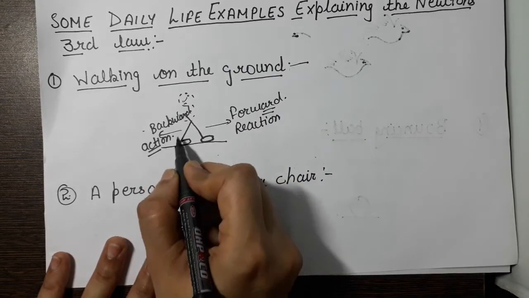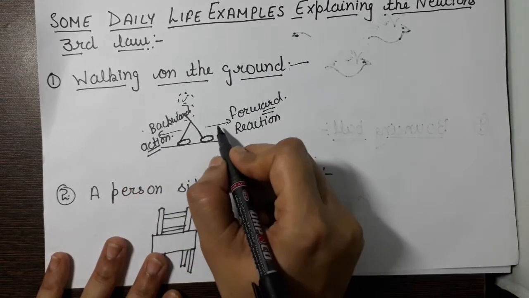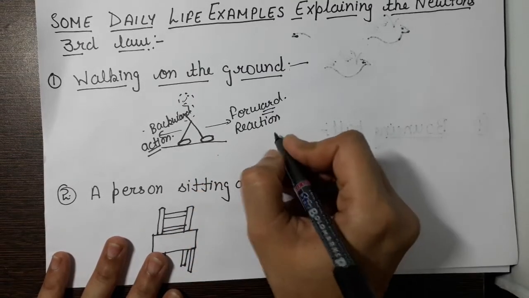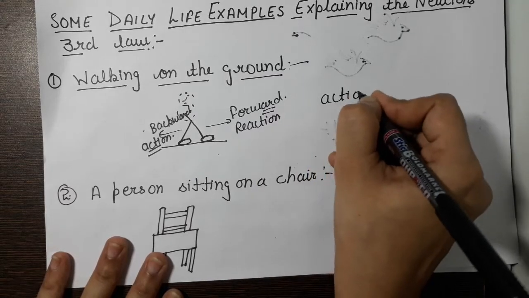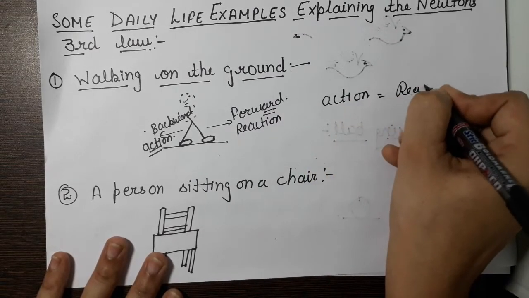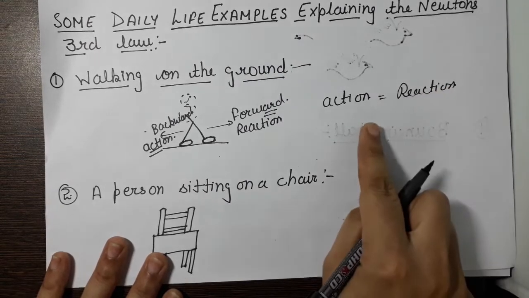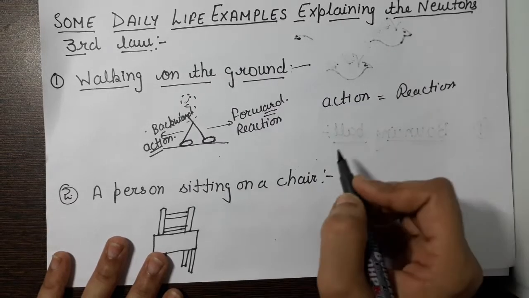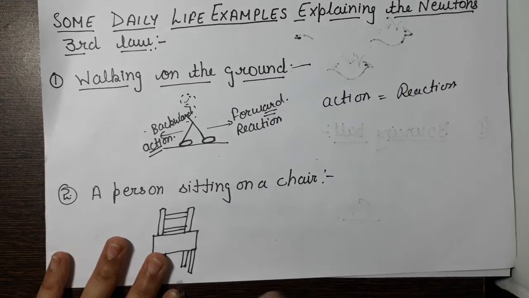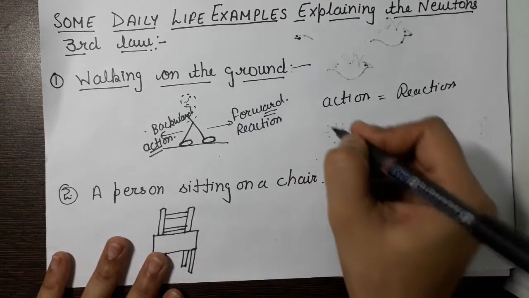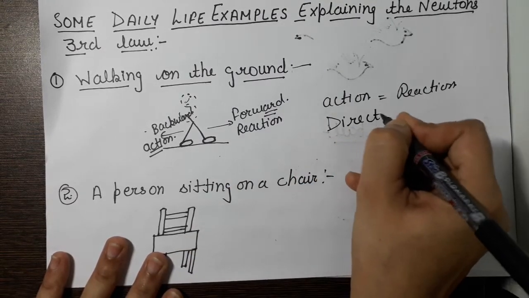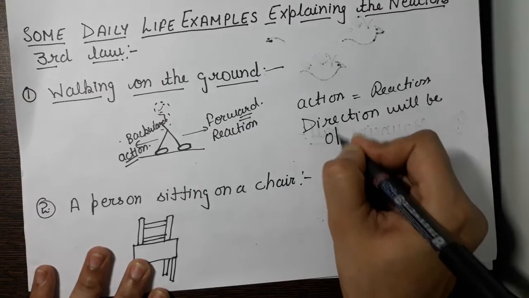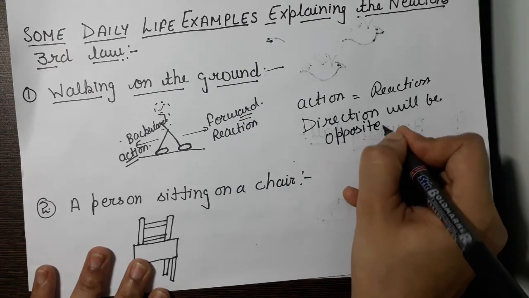Here action is in the backward direction and reaction is in the forward direction. Action and reaction are both equal in magnitude. Action is equal to reaction. In magnitude these two are equal, and this makes us able to walk on the ground. But the direction will always be opposite for action and reaction.